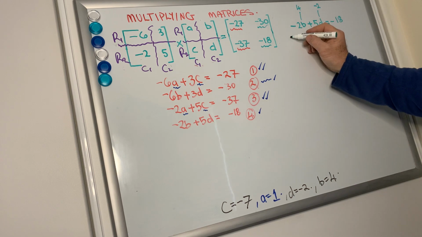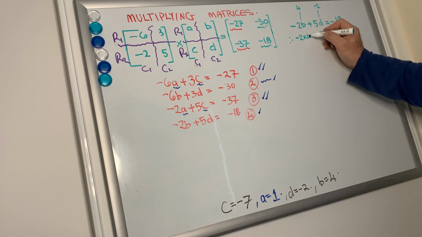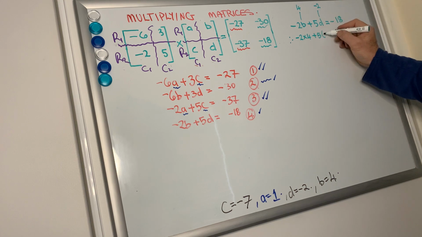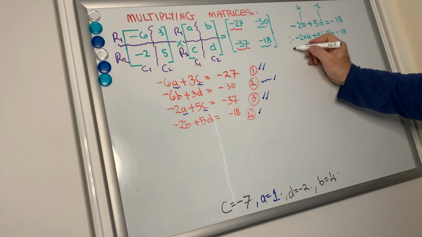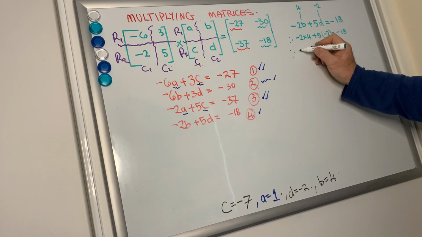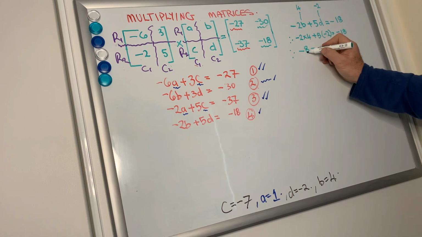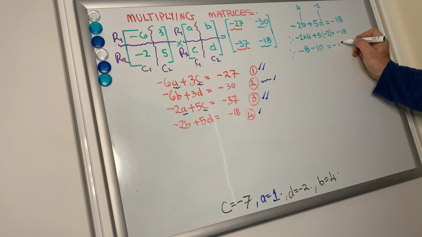Minus 2 times 4 is minus 8, and a positive times a minus is a negative, so 5 times minus 2 is minus 10.